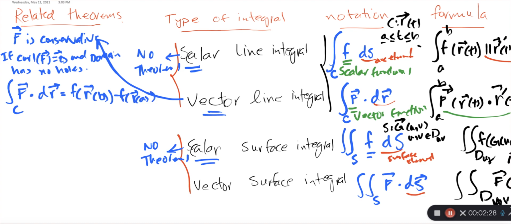This r of b and r of a usually are in terms of x, y, z, right? The output of r of a and r of b. And so when C is parameterized by r of t, where t runs between a and b, the little f is the scalar potential.